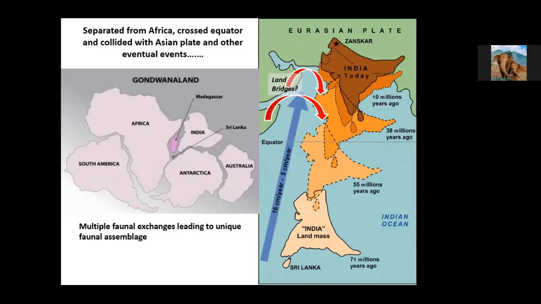Gondwanaland included Africa, South America, Antarctica, Australia, India, Sri Lanka, and Madagascar too. After some time, India slowly started drifting from Gondwanaland, taking multiple African elements.